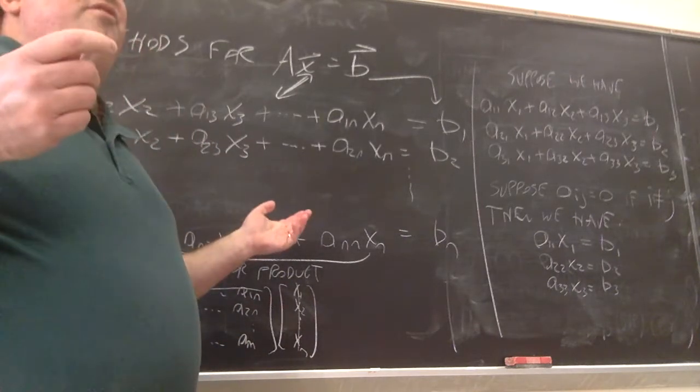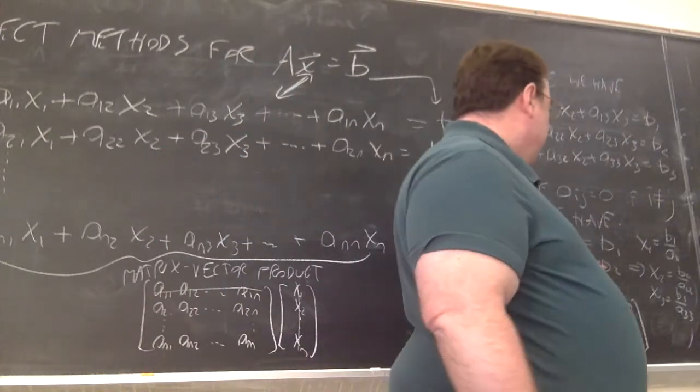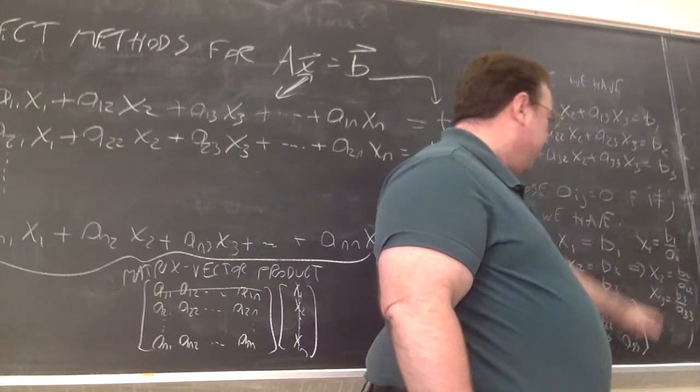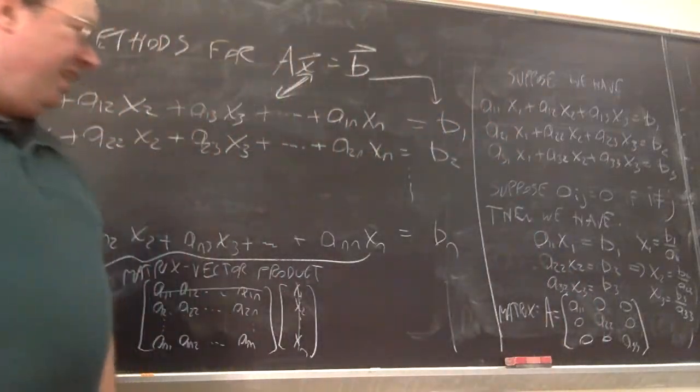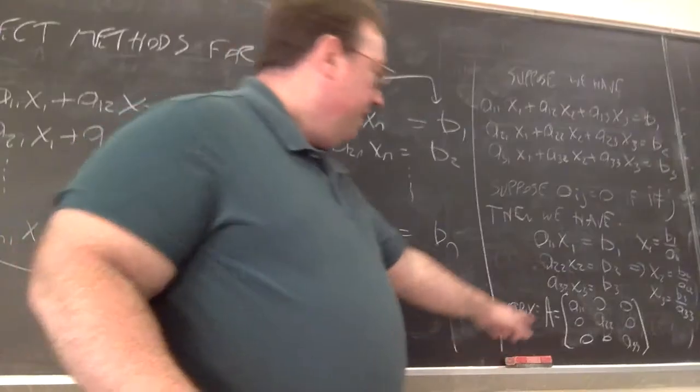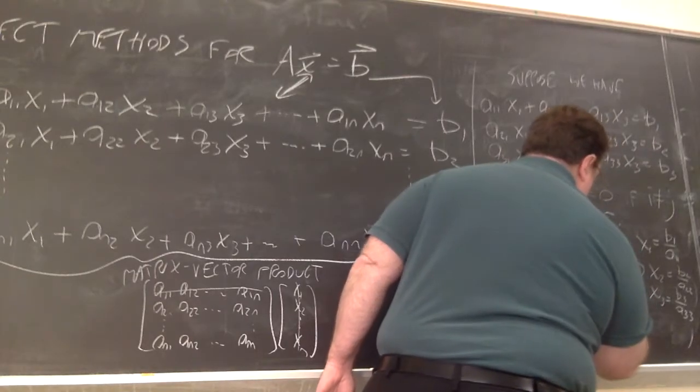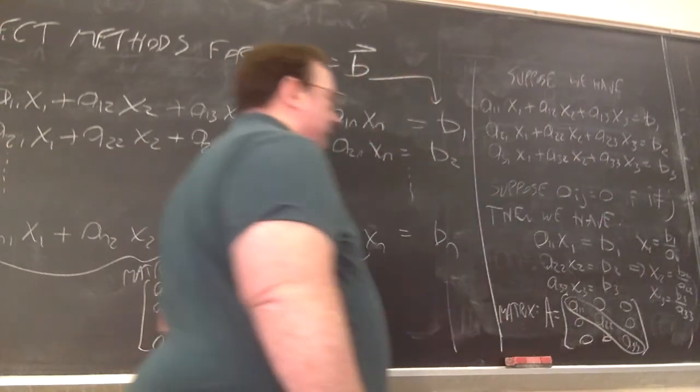Where I left off, I'd written this far, but these equations are easily solved just by a simple division in each case. The matrix turns out to look like this, where the only non-zero entries are here on the main diagonal.